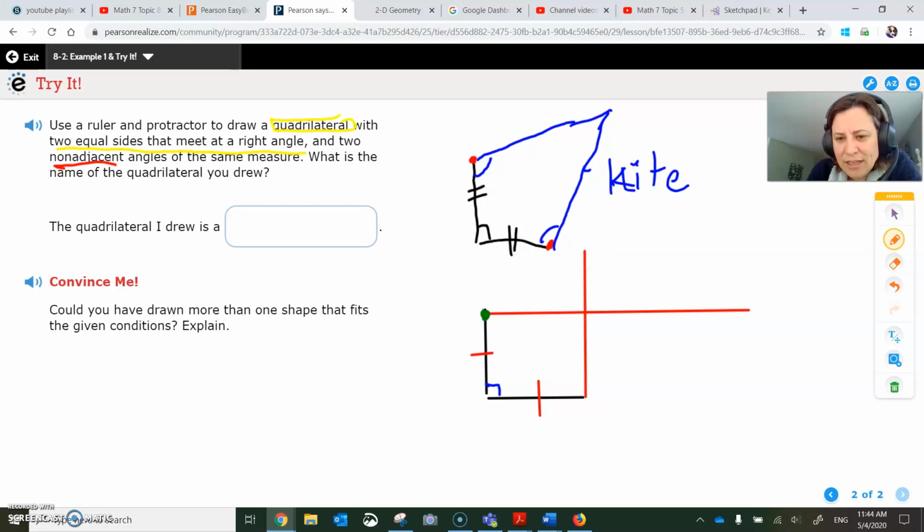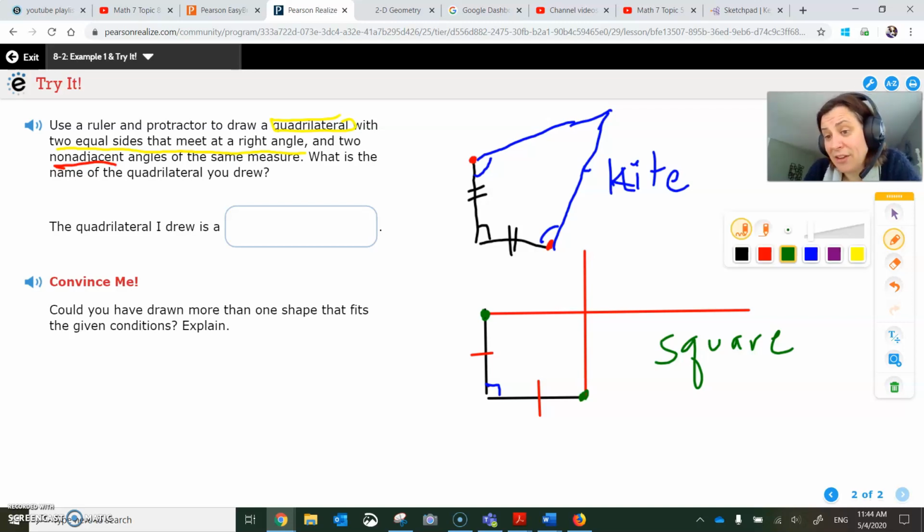And you only really need to go until they meet each other. But let's pretend that this one is also at 90 degrees. And then what shape would that be? And actually, that shape ends up being a square. So you could have ended up drawing a square.